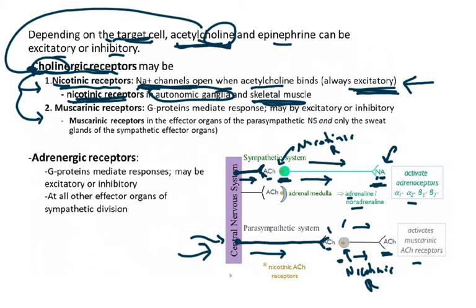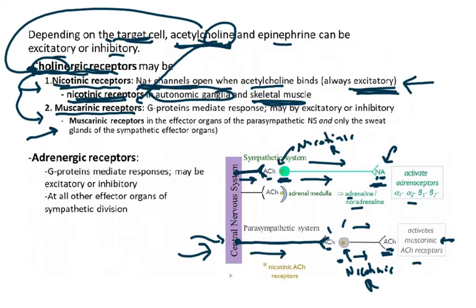So first, let's look at the parasympathetic division, because it's going to have what are called the muscarinic acetylcholine receptors. And so that's written here. A muscarinic receptor is still going to be a cholinergic receptor, which means it's still going to be binding acetylcholine. And that works out because acetylcholine is what the postganglionic neurons are releasing. So the acetylcholine is going to act on a muscarinic receptor.